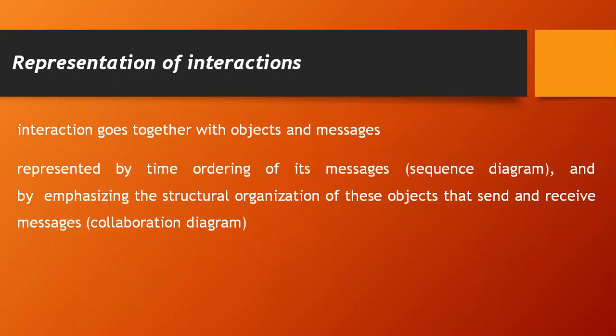In UML, the first kind of representation is called a sequence diagram, and the second kind is called a collaboration diagram. Both sequence and collaboration diagrams are known as interaction diagrams, which we will discuss in our next video.